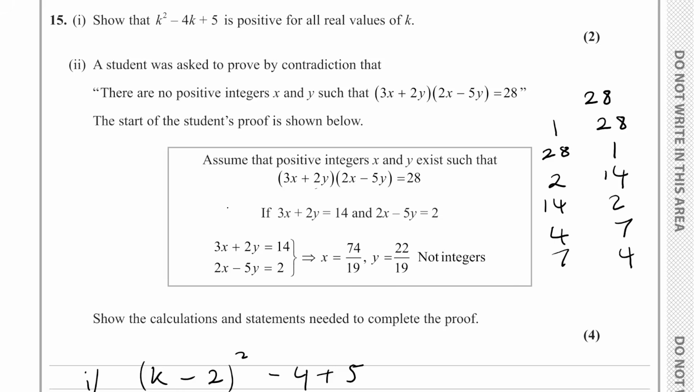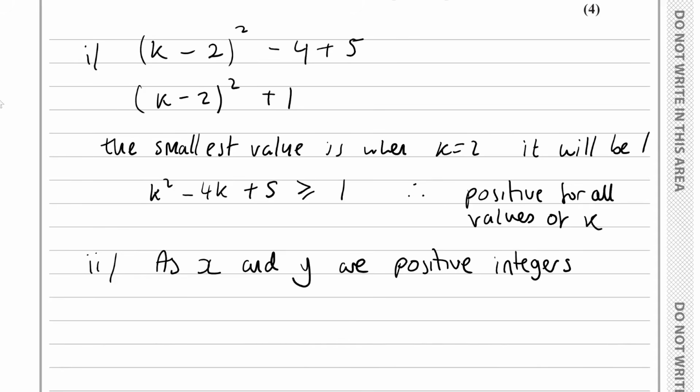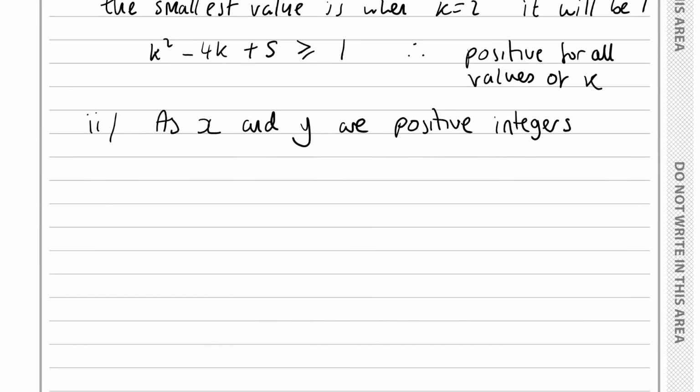So as x and y are positive integers, 3x plus 2y is going to have to be at least 5.